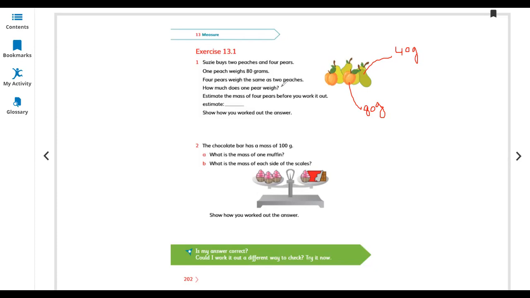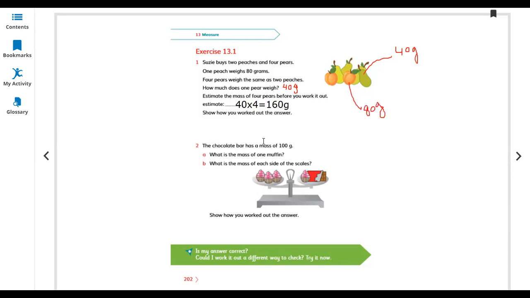The weight for 1 pear is 40 gram. So estimate the mass of 4 pears. Very easy. 40 for 1 multiply by 4, because we have 4. 40 plus 40 plus 40 plus 40, or 40 multiply 4, it's coming 160 gram.